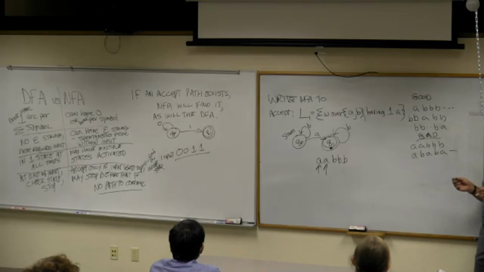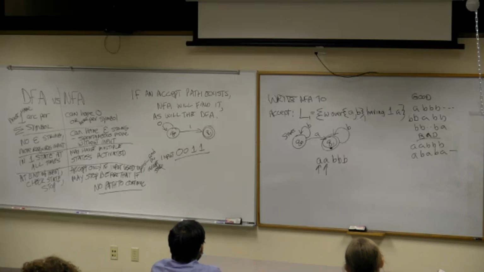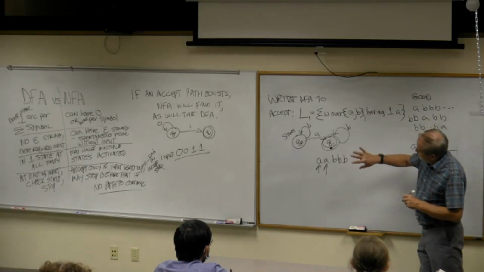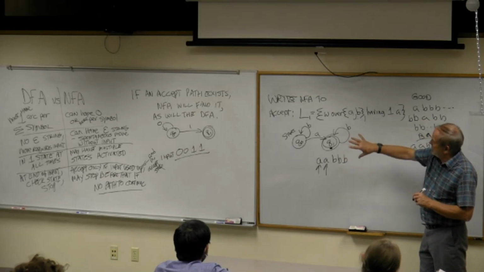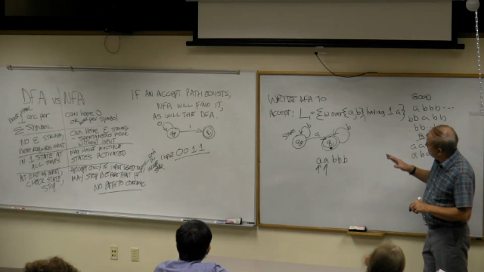So we'll demonstrate that having the non-determinism and epsilon moves makes for an easy way to do some of the proofs and show these closure features of regular languages.